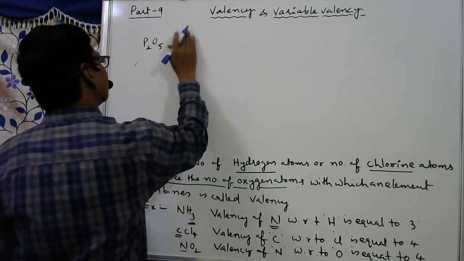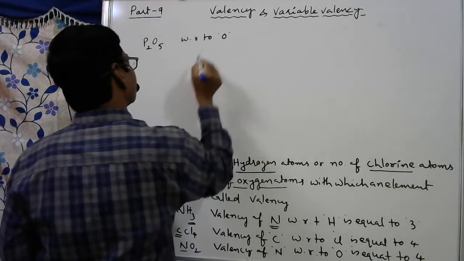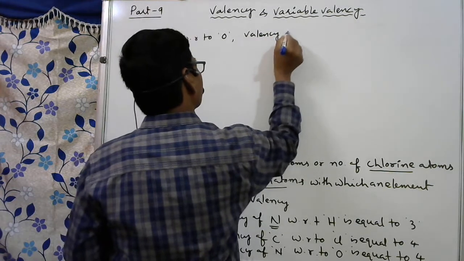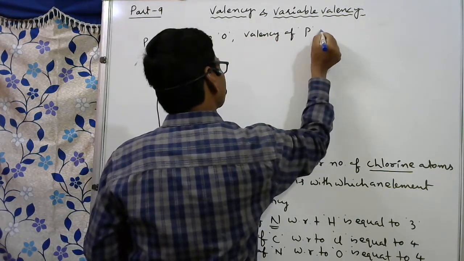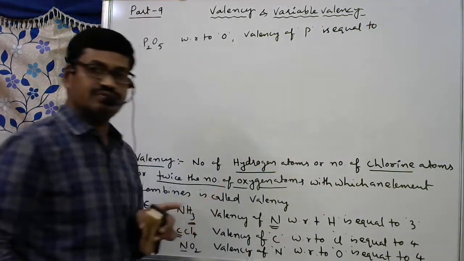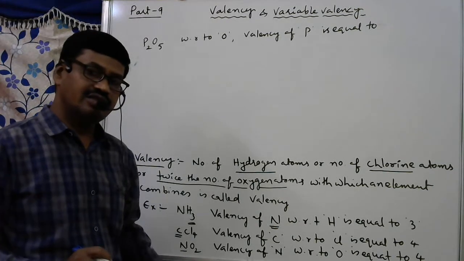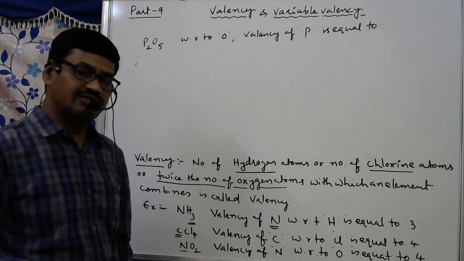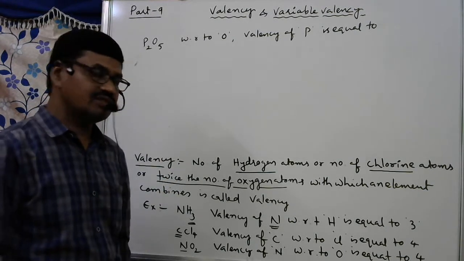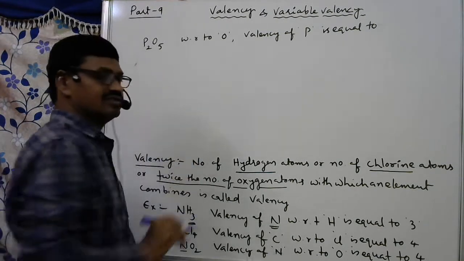Here the reference element is oxygen, so with respect to oxygen, the valency of phosphorus is equal to how much? See, 5 oxygens are there. 5 oxygens means twice the number of oxygen atoms, so 5 oxygens are nothing but 10 valency. Because twice the number of oxygen atoms, but here the 10 is the valency for 2 phosphorus.